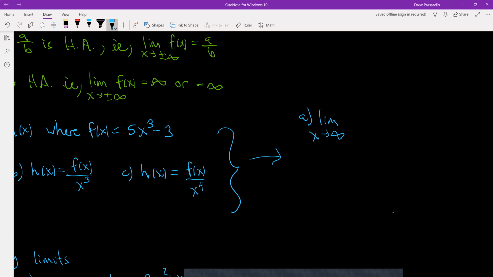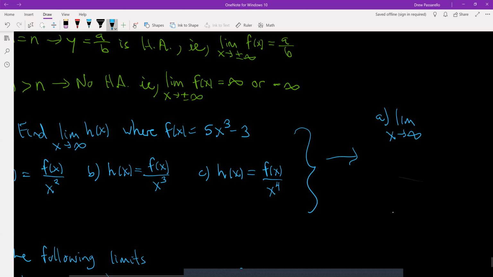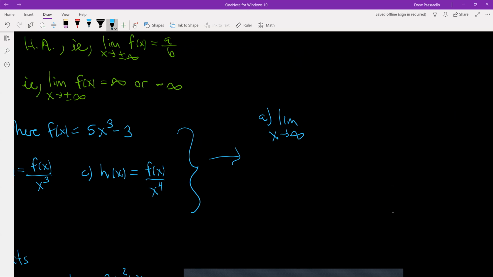So part A is doing the function that they're given. We're finding the limit of h of x, and h of x is told to be the function f of x divided by x squared, right?